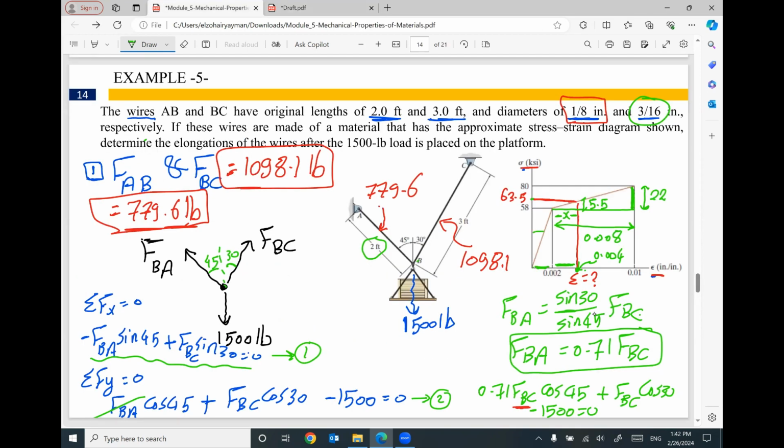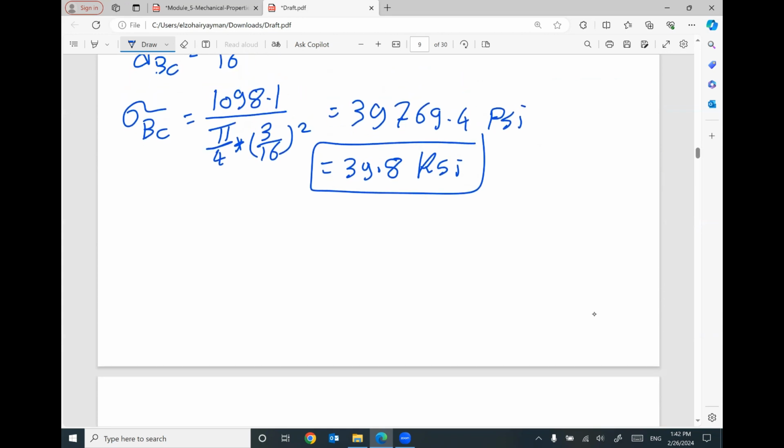39.8, that means you are around here. What will be the corresponding strain? It's very easy to figure out from the slope of this linear relationship. So right now, we have this linear relationship.